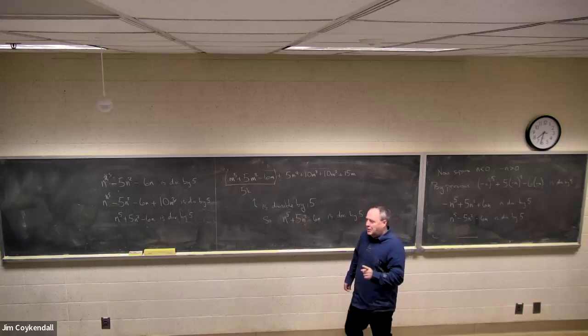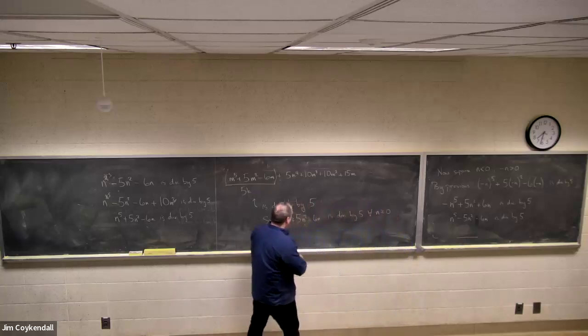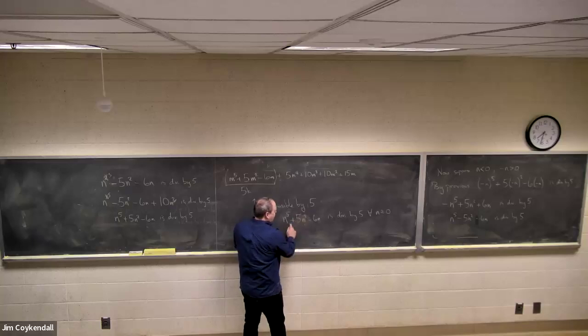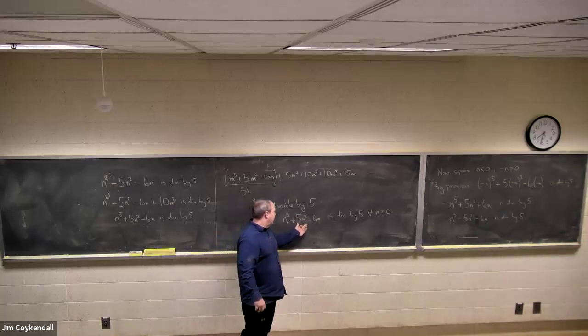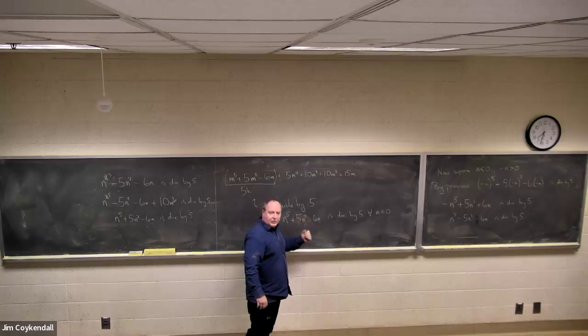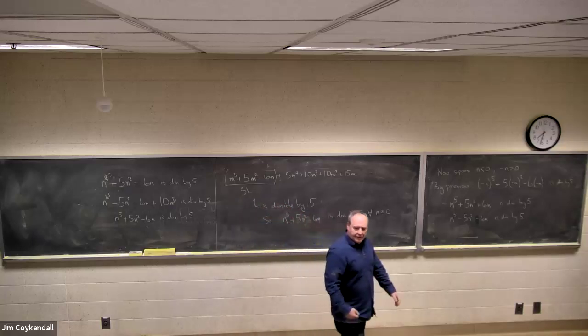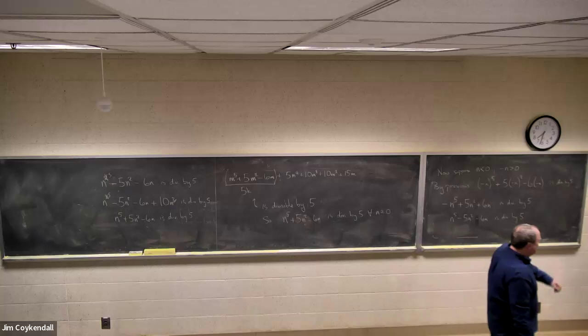Correct me if I'm wrong, I'm going to paraphrase what you're saying. You said, hey, Jim, why don't you just take five out of this, this is five. Yes, that would work. If you made that observation at the beginning and said, look, this is going to be a five, all I have to do is do that, I would consider that a very clever shortcut. Oh, you're welcome.